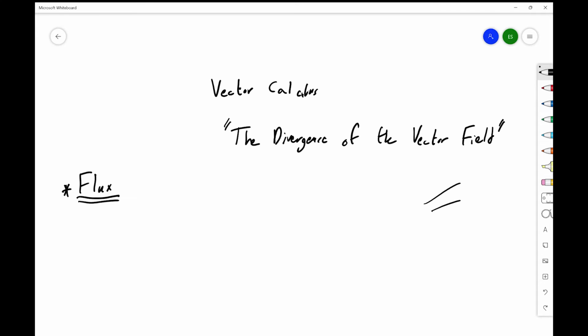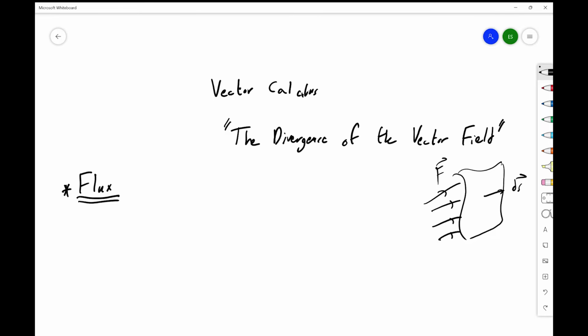If I have a field and I integrate it over an area, say the field represents the velocity of water or some liquid, then this integral of the field F dot dS represents how much of that liquid is flowing through the surface. That's an analogy of what flux essentially is.